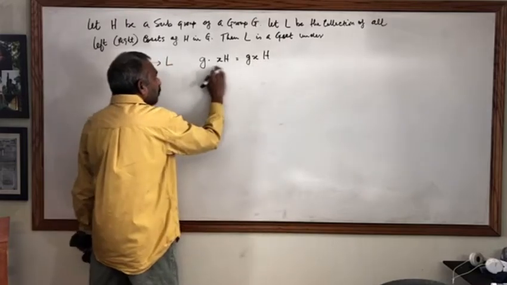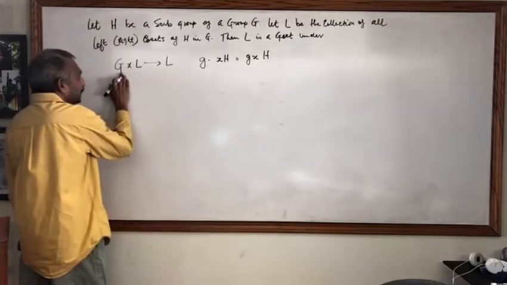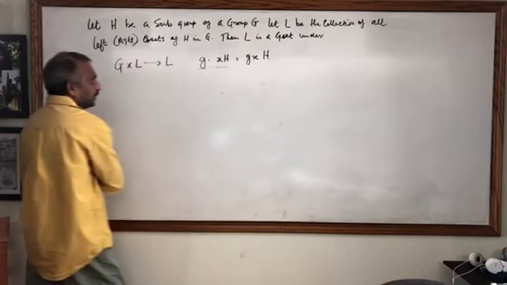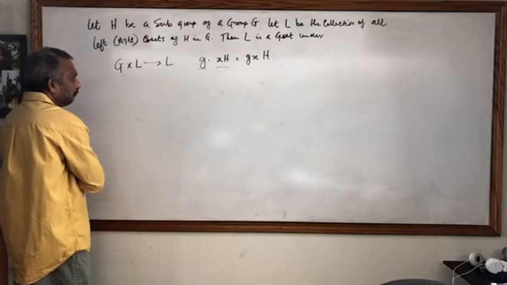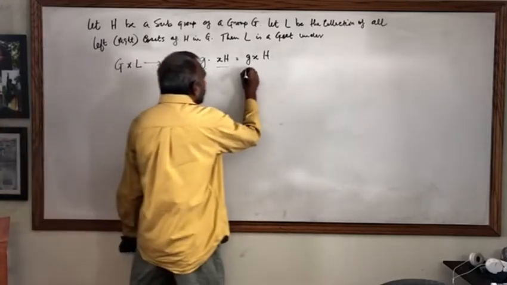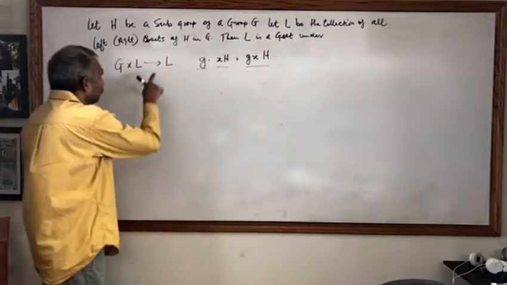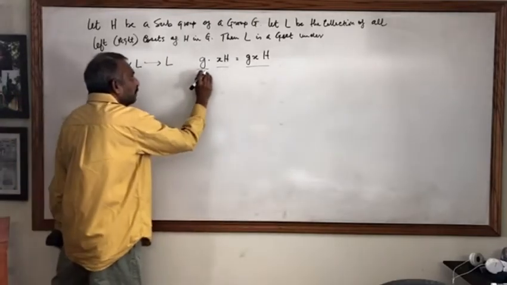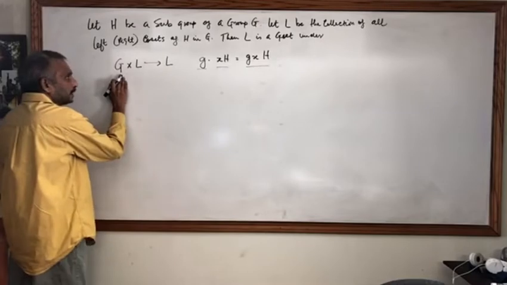So this is how I am going to define the action. So this is a group and this is an element of the set. And this is again an element of the set. We need to prove that this is a well-defined action.